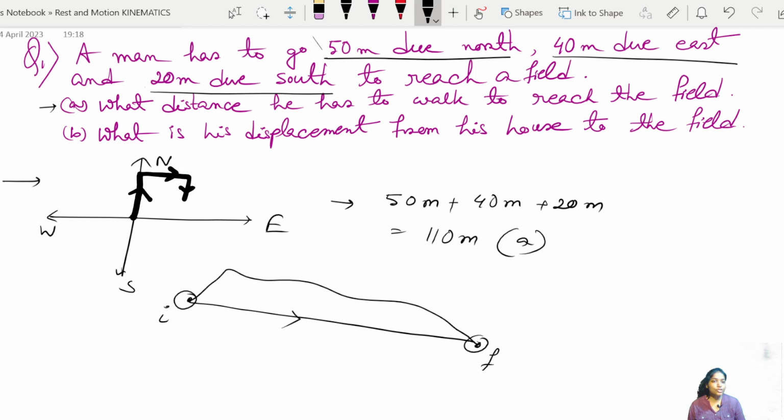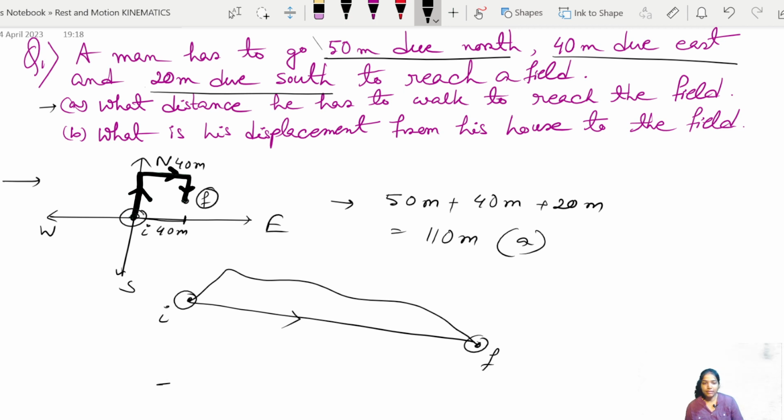So here the initial position was like this, and the final position is this. Now if this is 40 meter, when it is going due east, that means from this position up to this position it is 40.